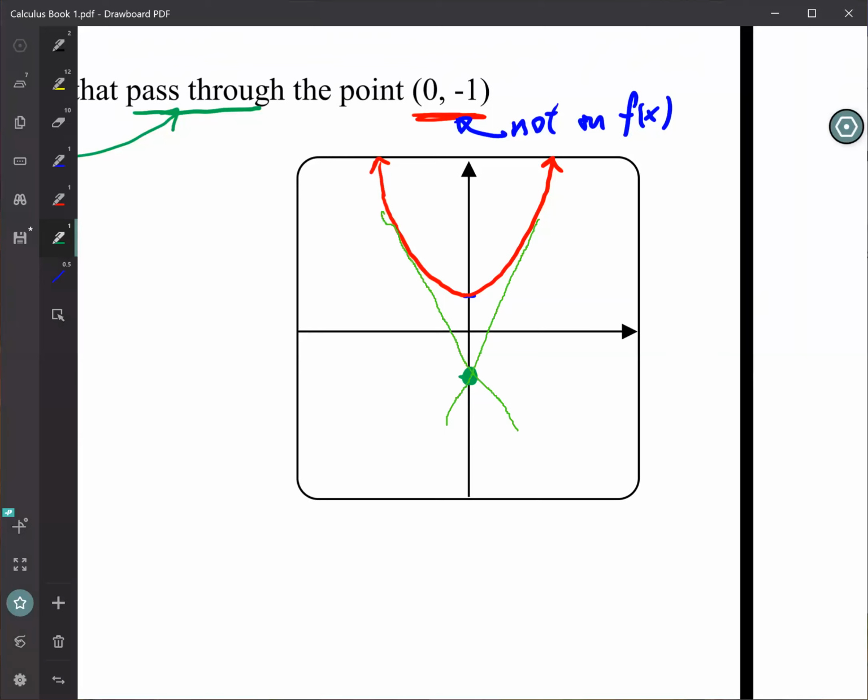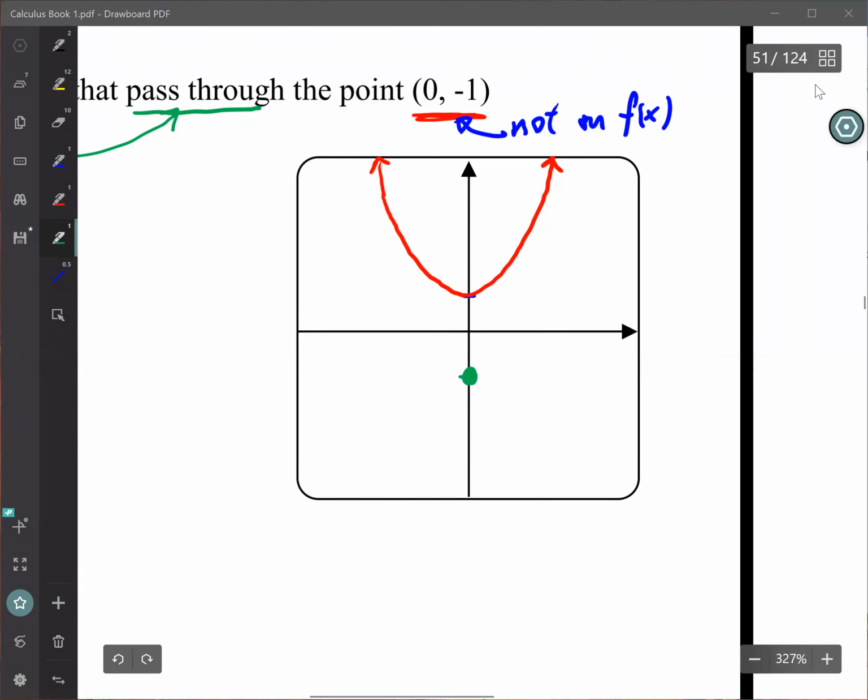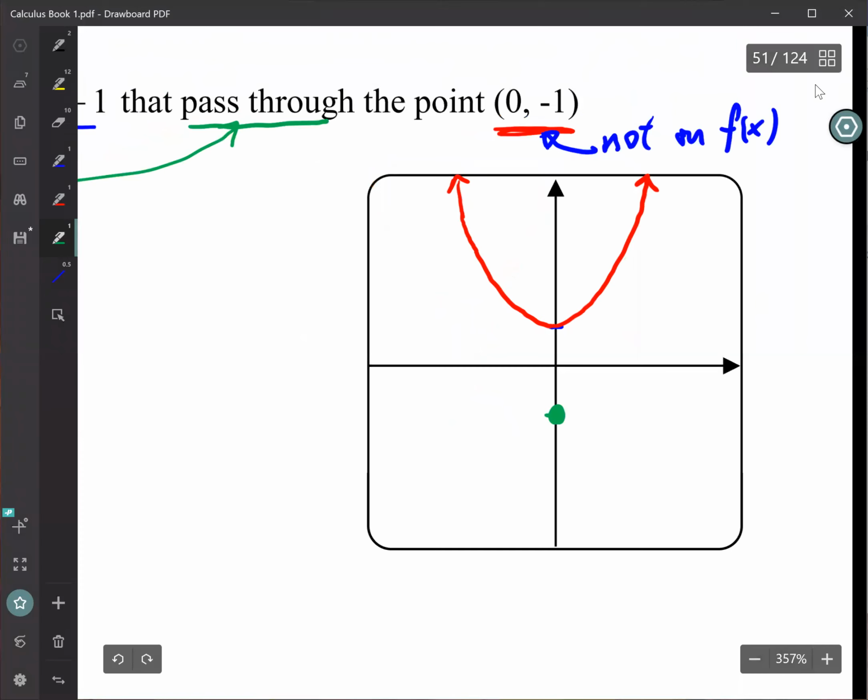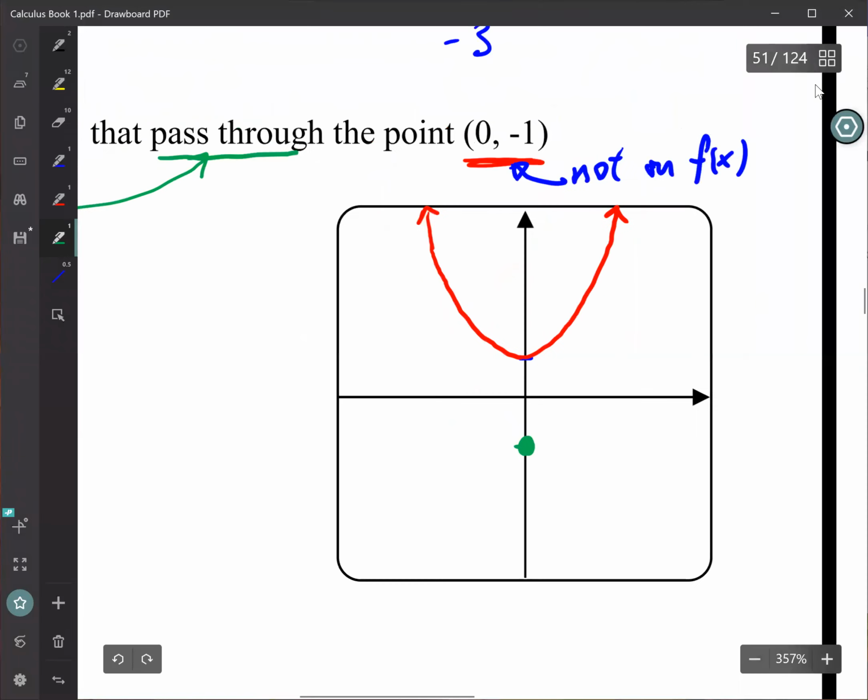Right, so let's clear this drawing. Right, so here's one tangent line. So touches here. The other one should be touching the same place. Okay, so two tangent lines.